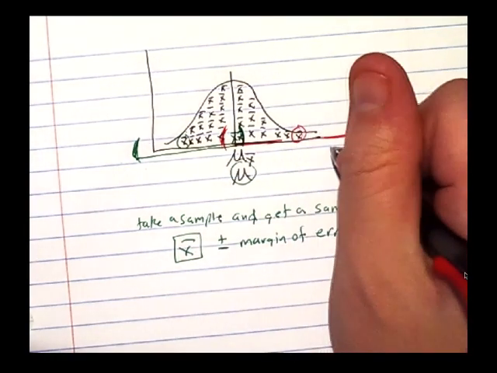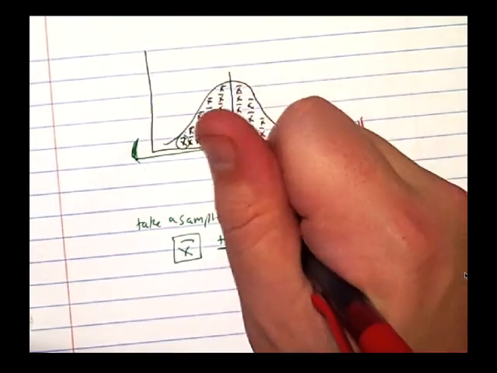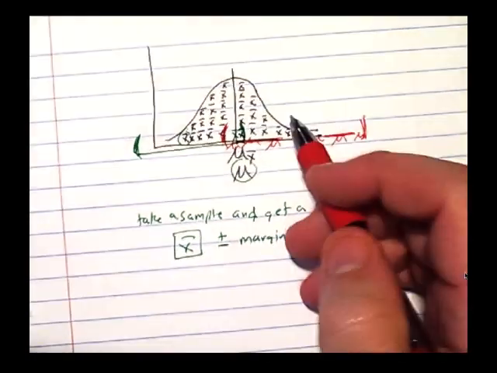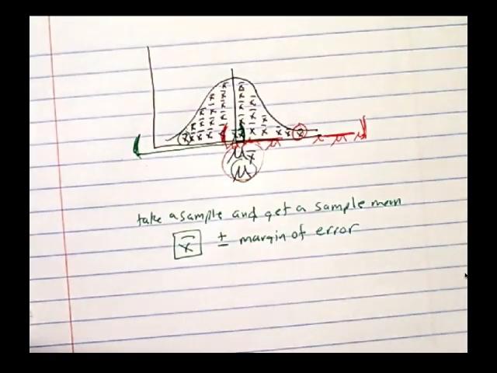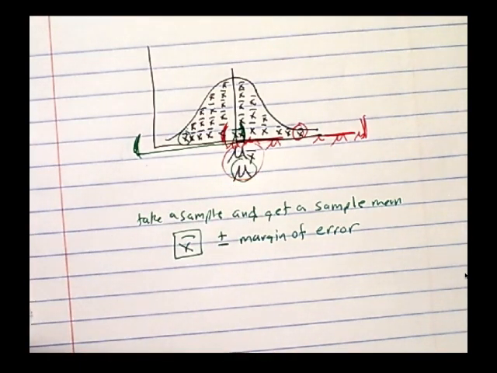So the mean possibly could be there, it could be here, it could be there, all the way up to the ends of the interval. So that's the whole idea of a confidence interval. We can be assured that we have a certain level of confidence that the true mean falls within that scope.